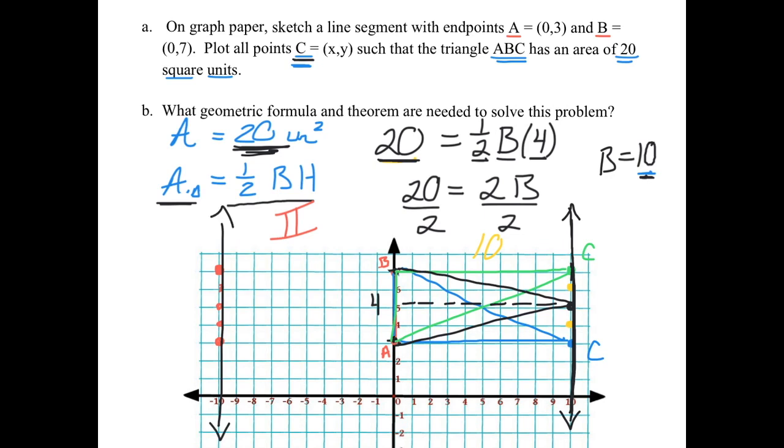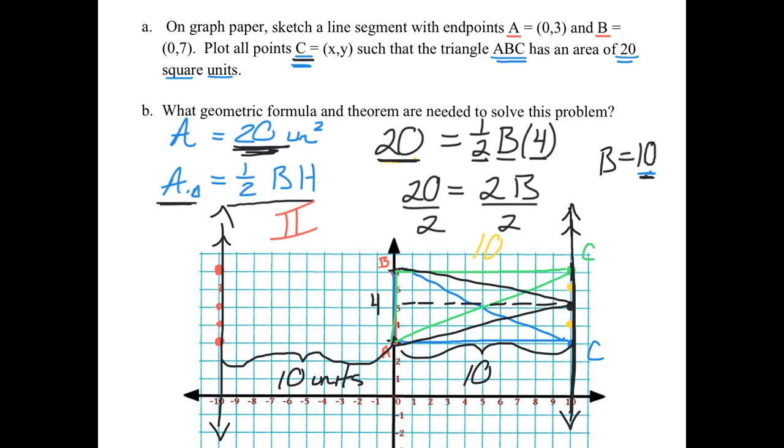Notice that each of these lines is 10 units from the base of the triangle that they started me with, and they are parallel to one another as well.